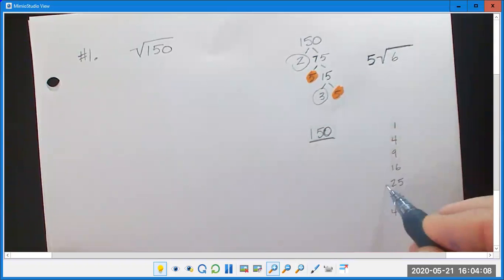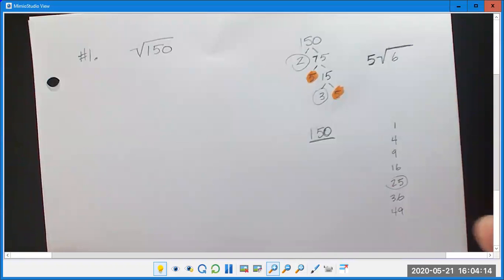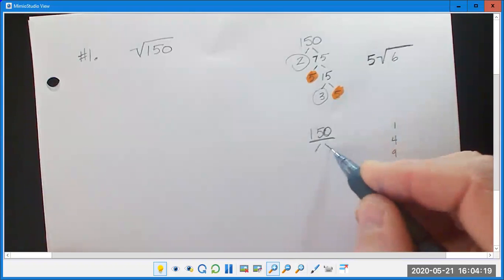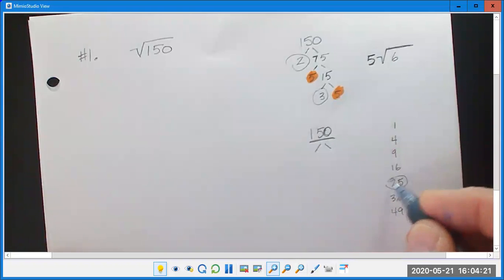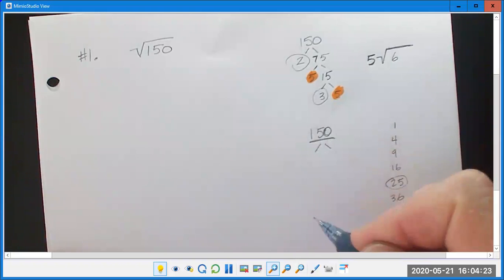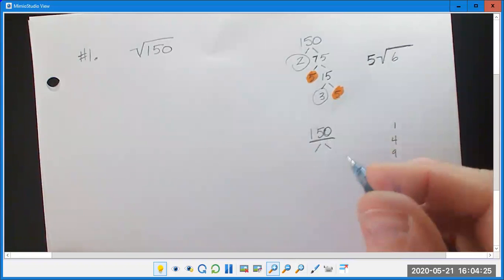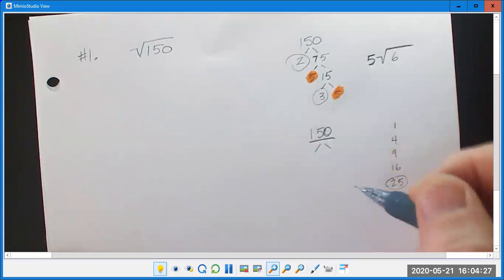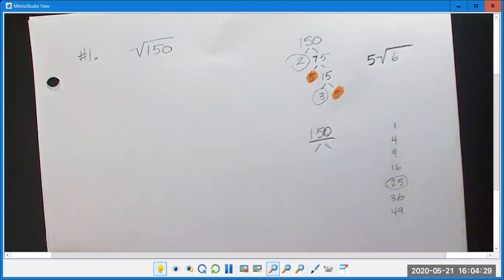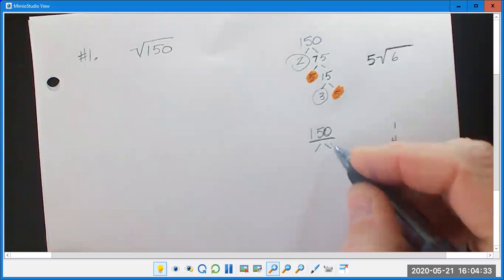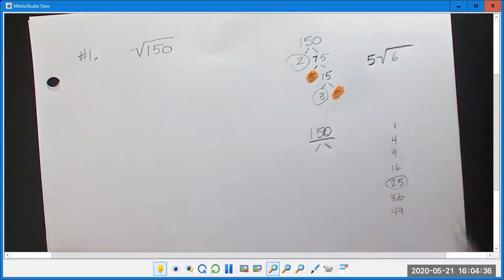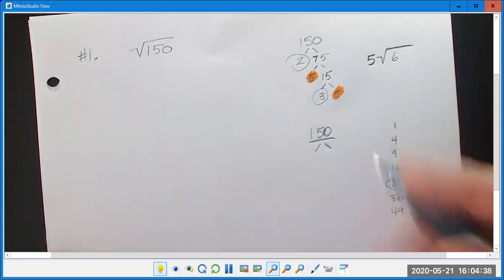If I realize that 150 is like $1.50, how many quarters would I have? I would have 6 quarters, right? So if I can break that down using a perfect square, and when I have 25s and 50s and 100s, I always need to think of 25, because it would just be like 4 quarters and $1. I can break things down, or 175 or 200, $2.